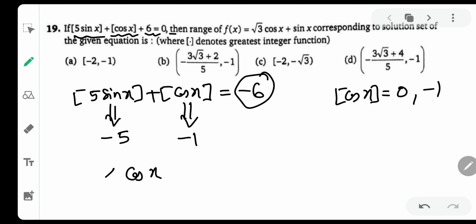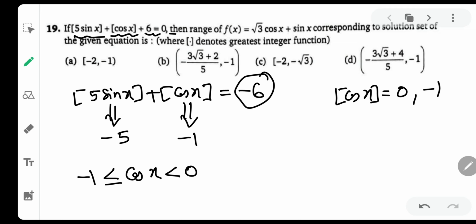Now GIF of cos x is minus 1. It means that cos x has to be greater than or equal to minus 1 and lesser than 0. That is what it should be. Now cos x is negative. In which quadrant is that possible? That's what you need to see, and you'll get your answer.